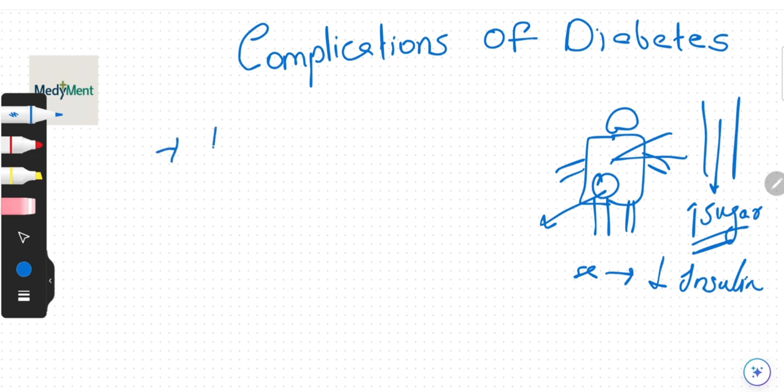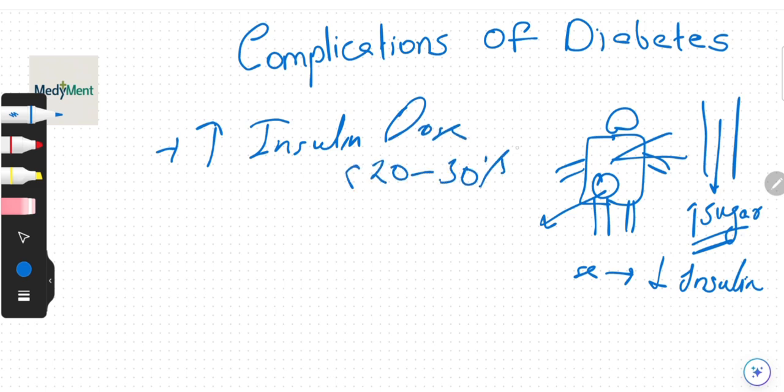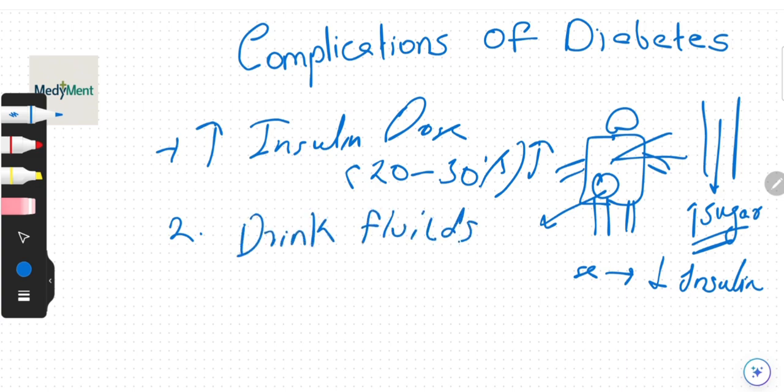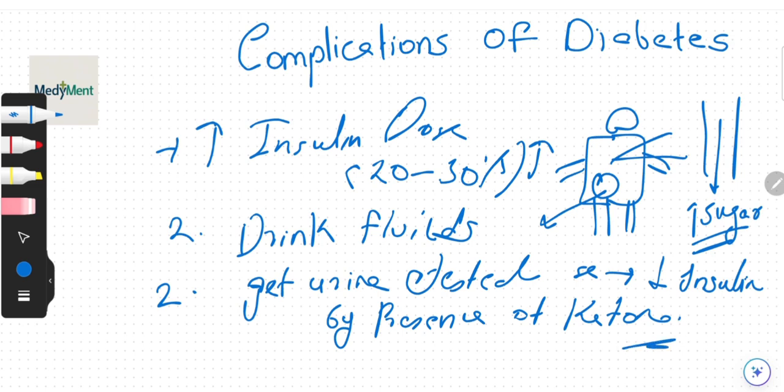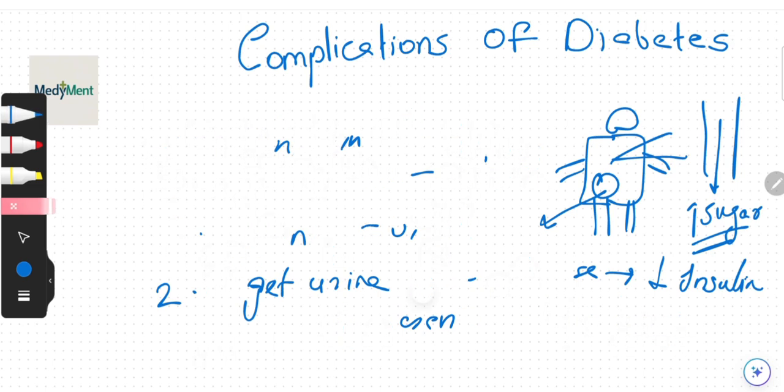Treatment is to make sure you increase the insulin dose by 20 to 30%. Second, drink fluids. Third, get your urine tested for the presence of ketones. These are the three things we have to match.